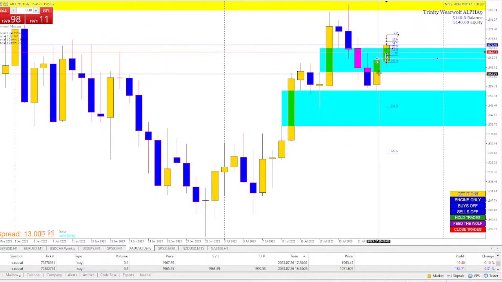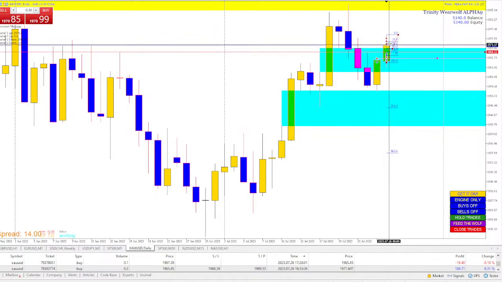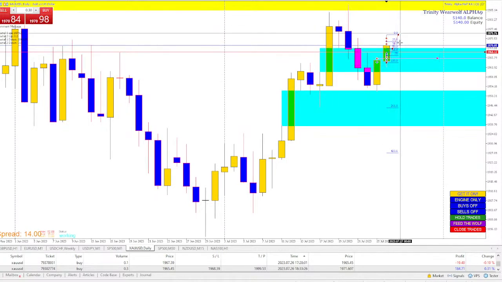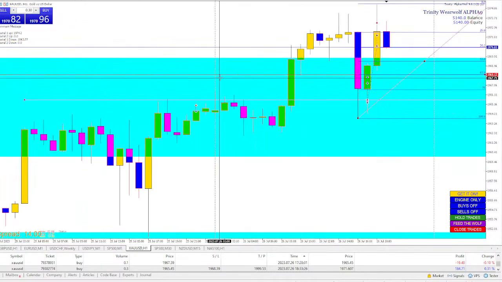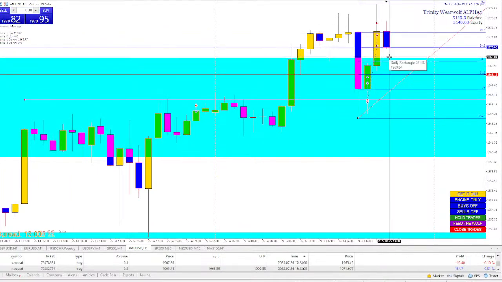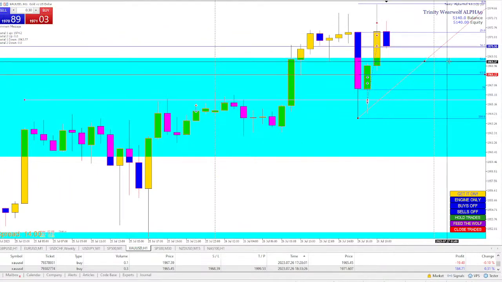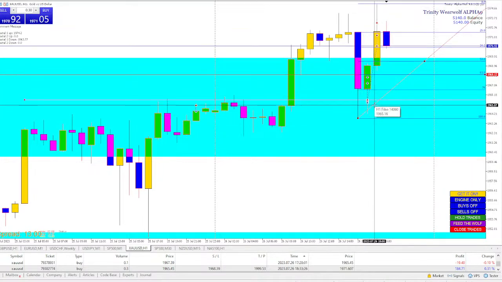I like to see a body break above these things, not just wicks. I like to see a body break above, then come back, tag it, and then leave. So that's what we're looking for here, a reversal. This is the reversal we're seeing, coming back into the top of our fair value gap, 50% of the range that was created in this last little price leg.